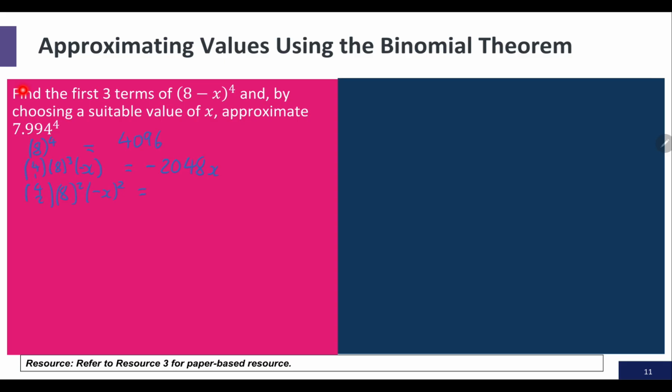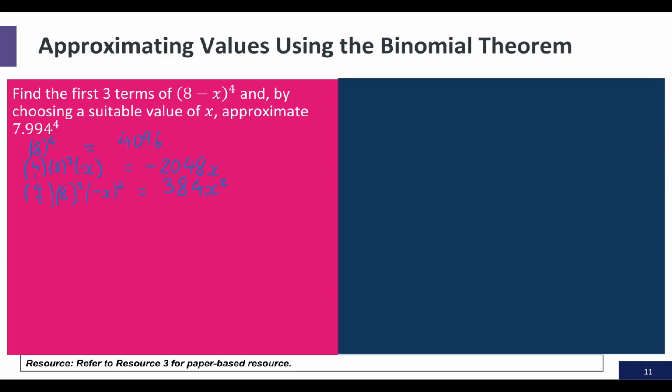The next term is 4 choose 2, which is 6, multiplied by 8 squared, which is 384. And that's positive, because if you square a negative, you end up with a positive. And there we go. So there is my expansion. So I've done the first bit.